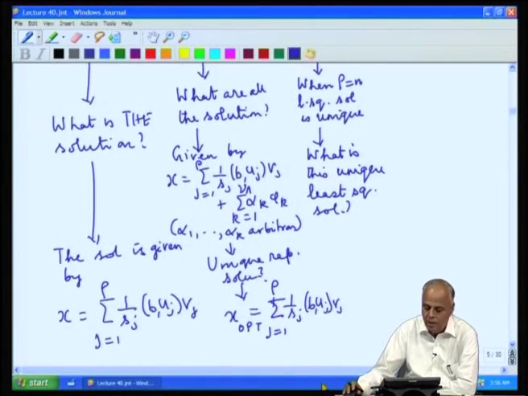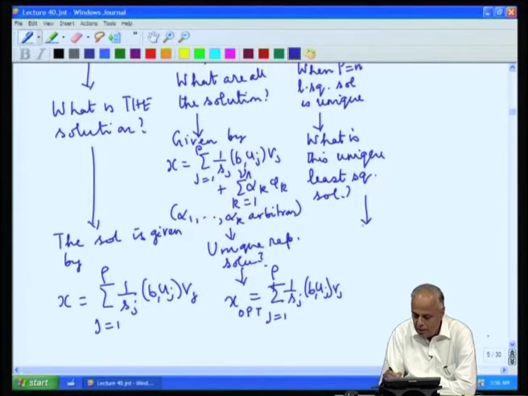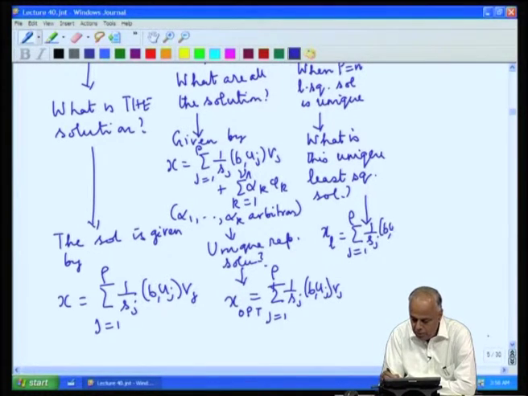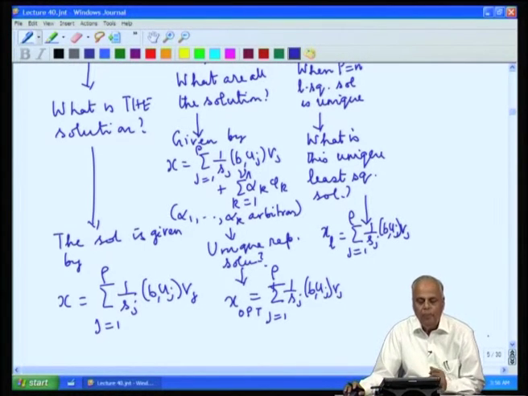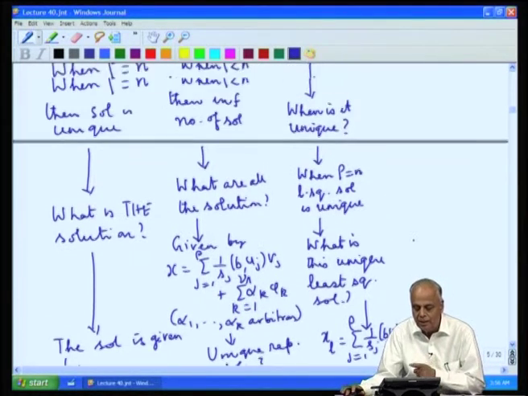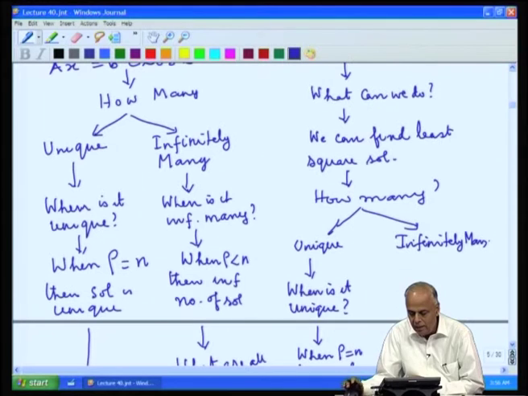And we know the answer from our analysis, that it is given by x l equal to summation j equal to 1 to rho, 1 by S j b u j v j. So, now we have all the answers in the case when B does not satisfy the consistency condition and we have unique solution. So we have this situation covered.